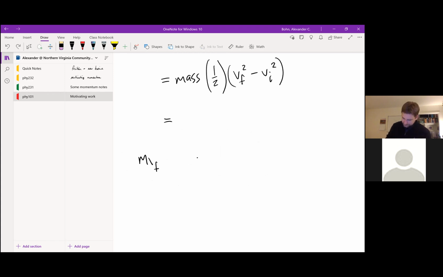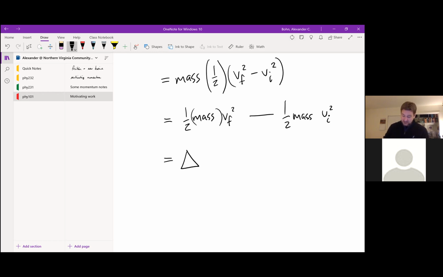All right, well, what if we do the same trick here? That looks a lot like the change in some other quantity.